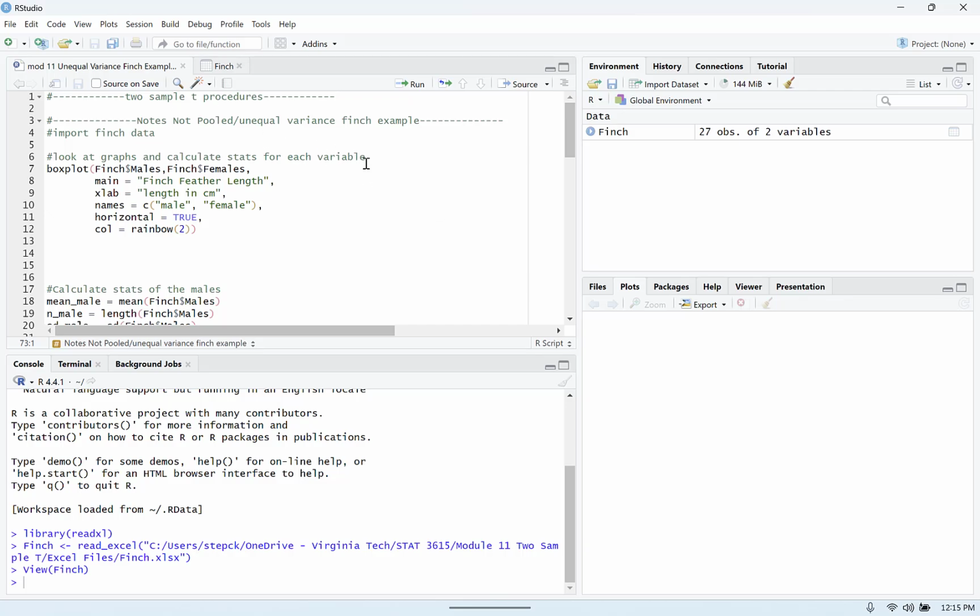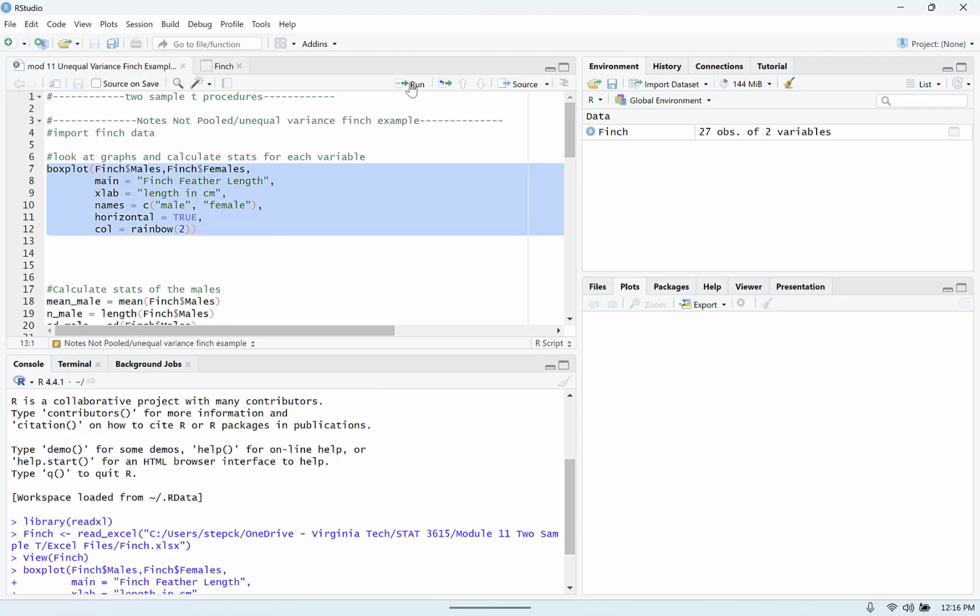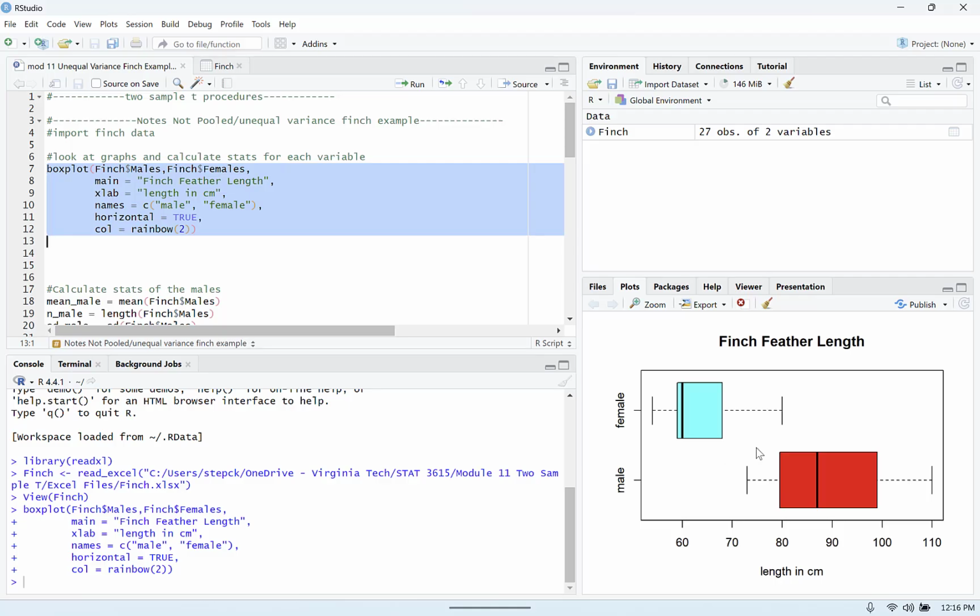So this is the two sample t procedures, and I'm going to do my box plot first. My box plot we do just the same way we did in the last module, so I'm not going to spend any time on it. You guys can look at that code yourself. My box plots are here. When I look at this box plot, the female box plot is pretty much lower than the male box plot, and certainly the median is significantly lower than it is for the males.